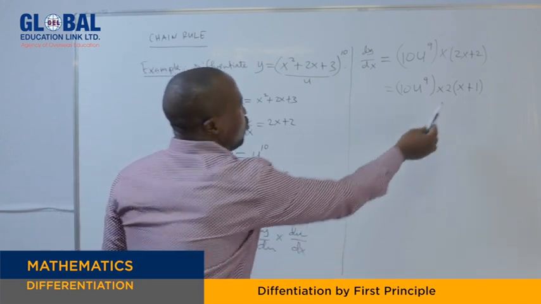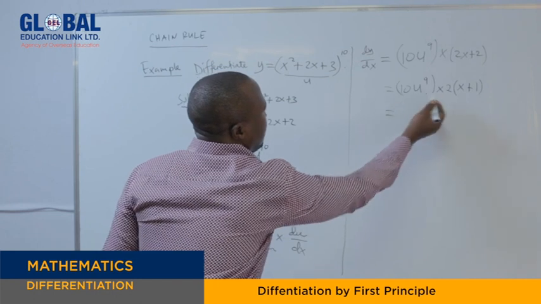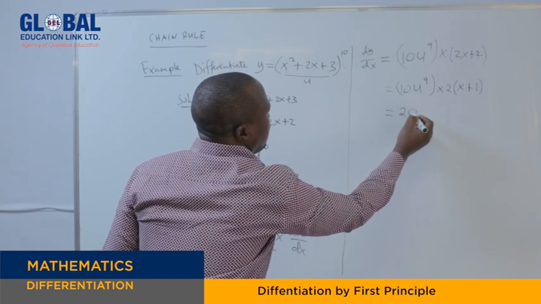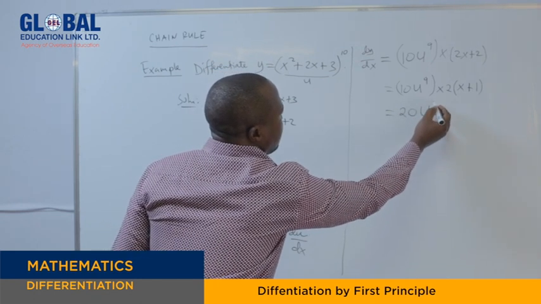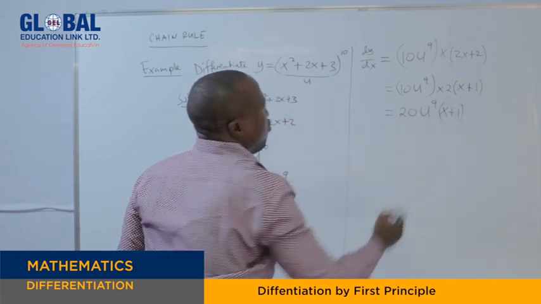Now you can take 2 times 10, that is 20. Then u raised to 9, times x plus 1.